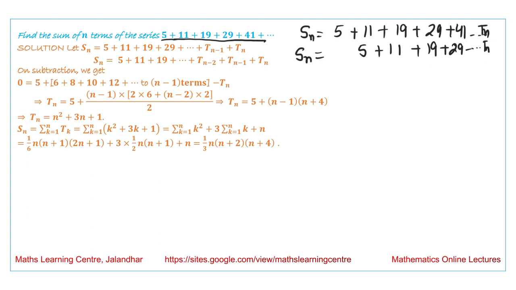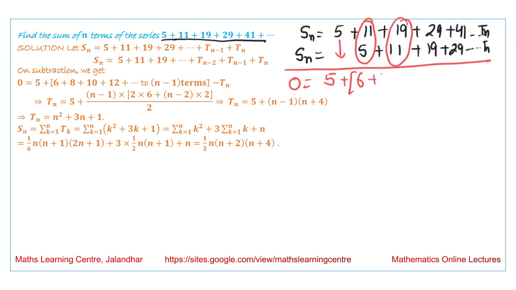Now if we subtract both these series, we obtain 0 equal to 5 plus, now look at these terms: 11 minus 5 is 6, 19 minus 11 is 8, then 29 minus 19 is 10, and so on up to n minus 1 terms, and for the last term Tn we are left with minus Tn.